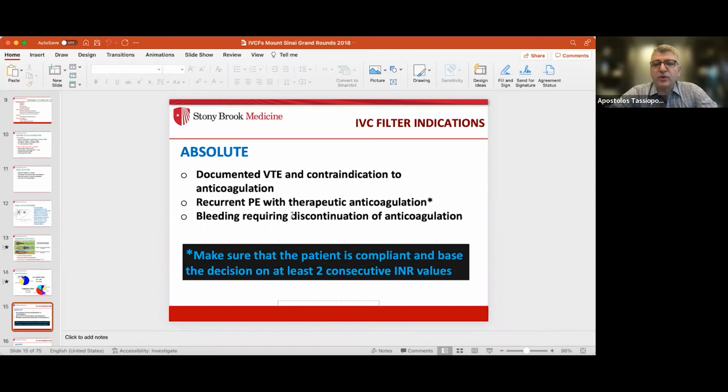Otherwise, it cannot be considered a failure. The other situation where you need to seriously consider an IVC filter insertion is when somebody presents with bleeding which requires discontinuation of anticoagulation, and he's in the acute phase of a proximal VTE.